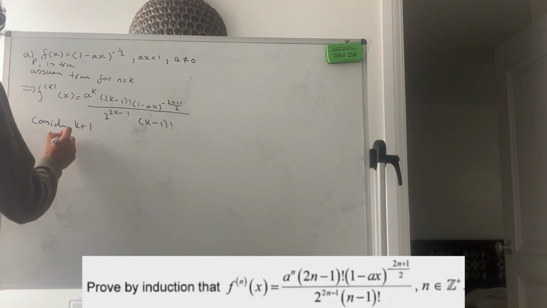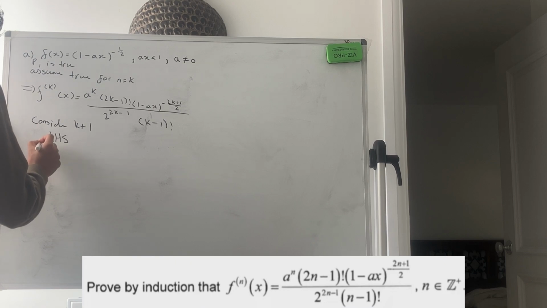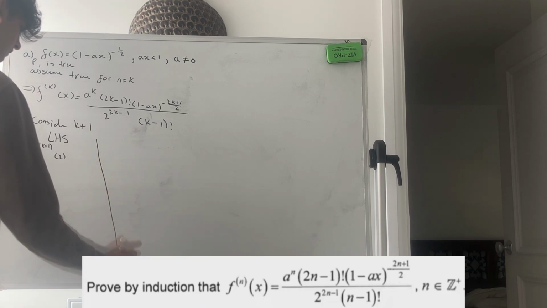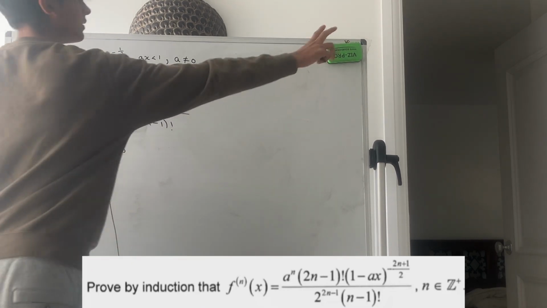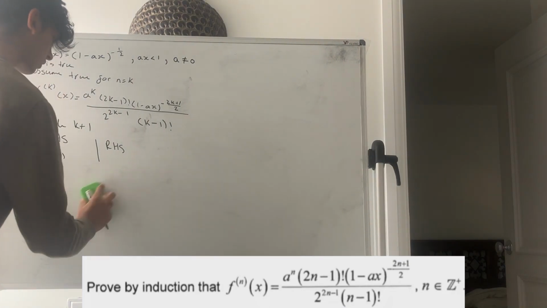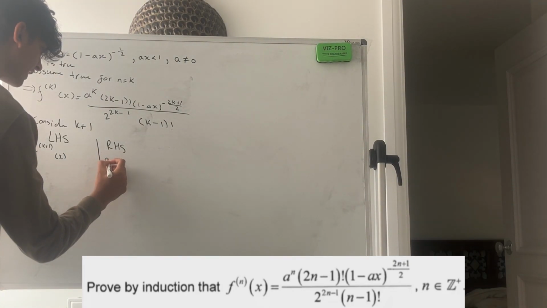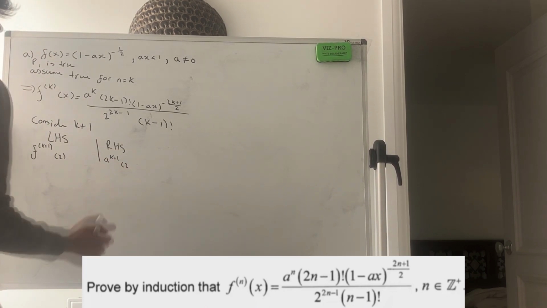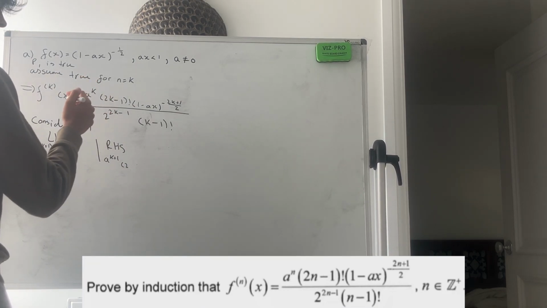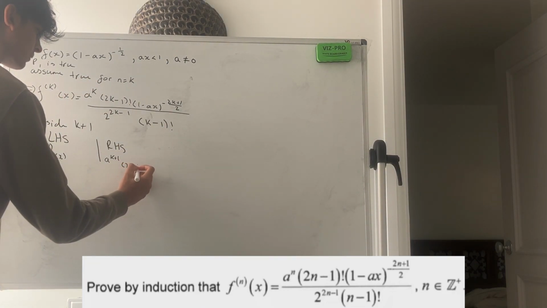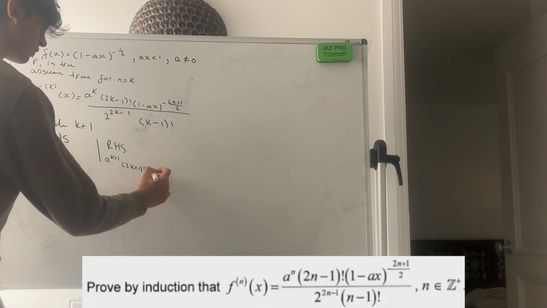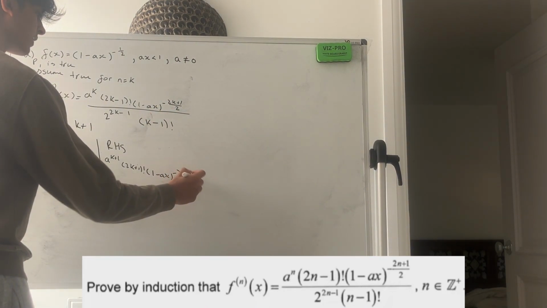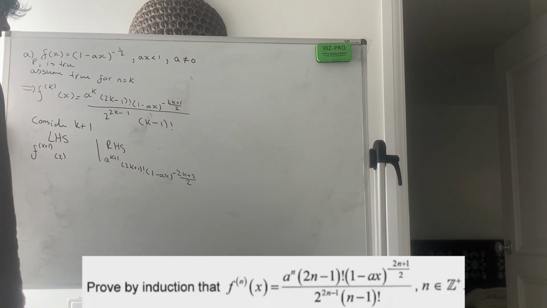So left hand side we're going to have f of k plus 1 of x, and right hand side we're going to have a to the k plus 1 times 2 times k, no, I'll just, so 2 times k plus 1 is 2k plus 2 minus 1, so 2k plus 1 factorial times 1 minus ax to the minus 2k plus 3 over 2, is that right?